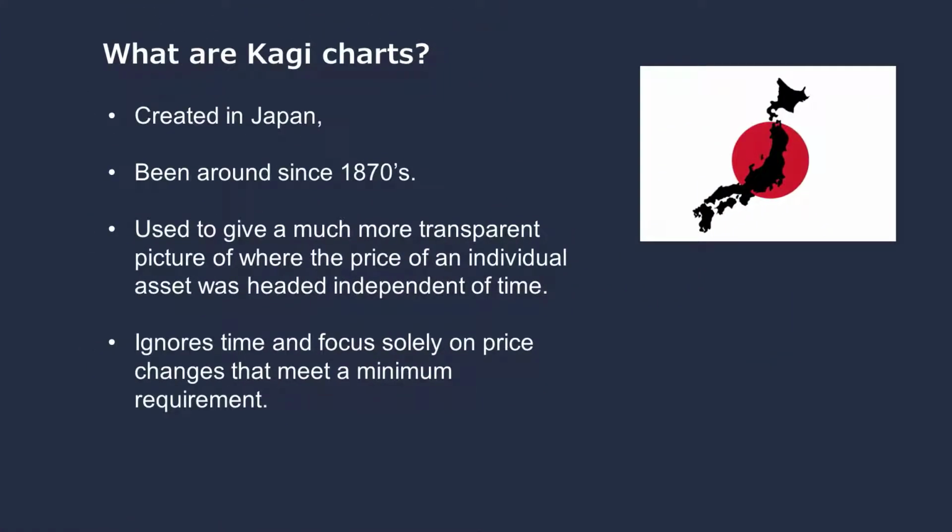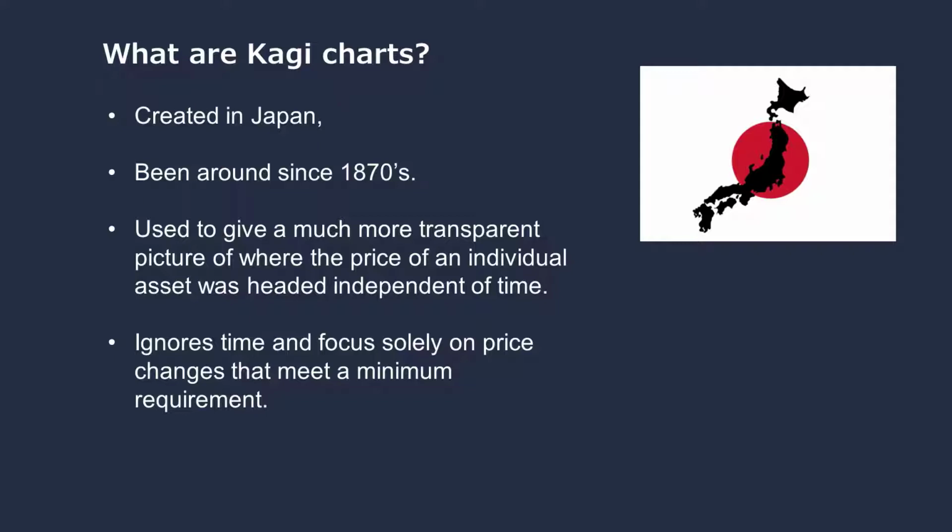I think you've guessed by now that they were created in Japan, the Kagi chart. They've been around since the late 1800s, so they're one of the oldest chart types around, and they were created, like many other Japanese chart types, to give transparency to analysis of markets that they were looking at, in particular like rice markets.